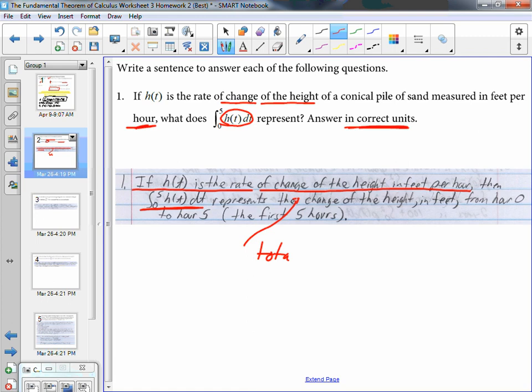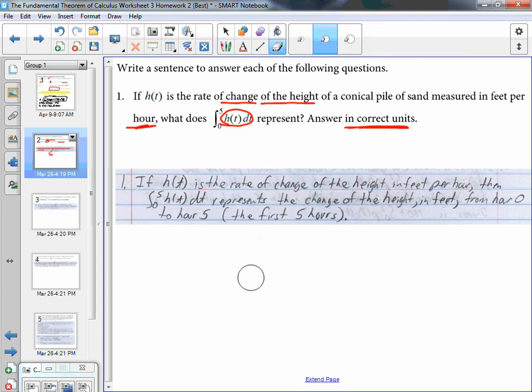We don't really think of that so much when we're talking about a pile of sand, but if our integrand was the velocity, wouldn't you expect the total amount of change in position to be taking place in an amount of time? Same thing here. The total change in height is going to be taking place in an amount of time. So from hour 0 to hour 5.